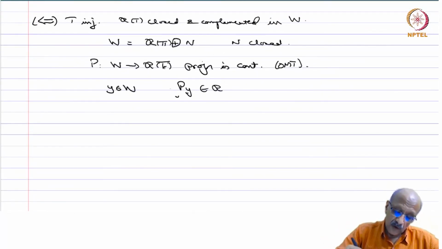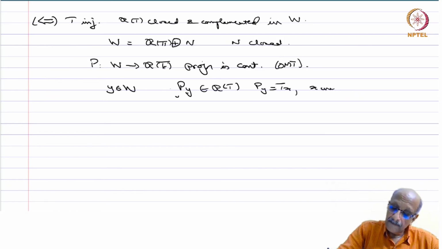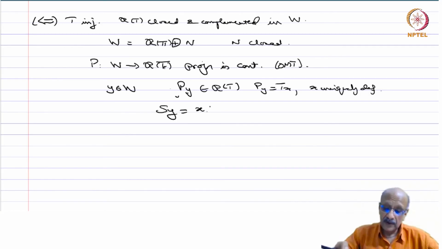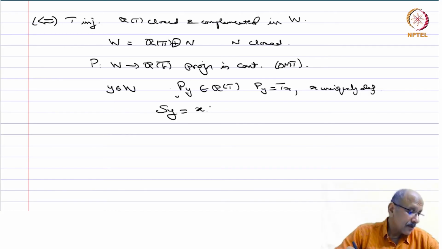So now P of Y belongs to the range of T, so P of Y equals Tx, and x is uniquely defined because T is injective. So P of Y is in the range, so it has to be some T of x. So you define S of Y equal to x. So it is well defined.